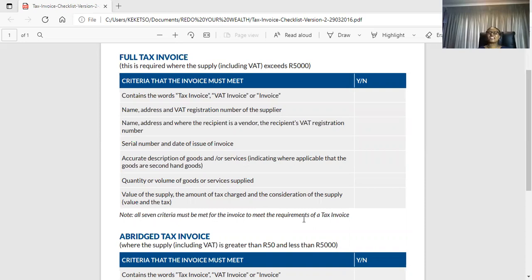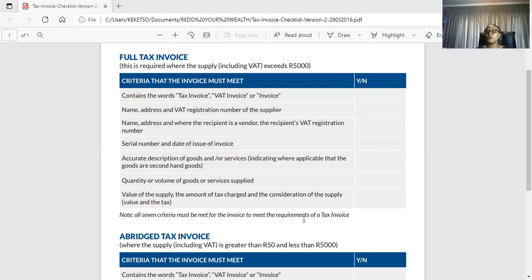Because a tax invoice is a document, therefore it has to have a name. Why do we have documents? Documents like a tax invoice serve as a source of recording, a source of information.